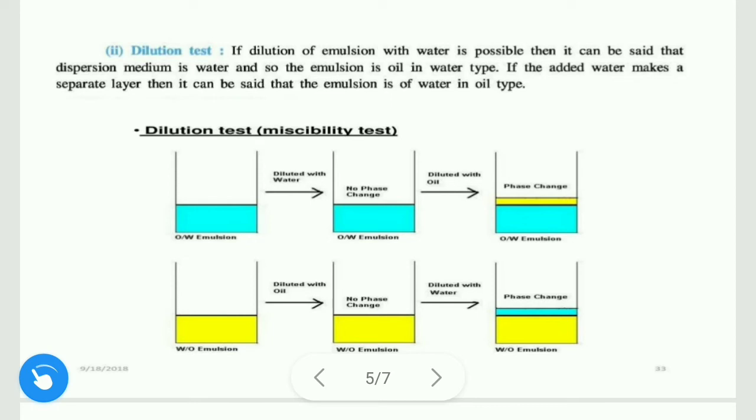Second is the dilution test. In this test, we try diluting the emulsion with water.